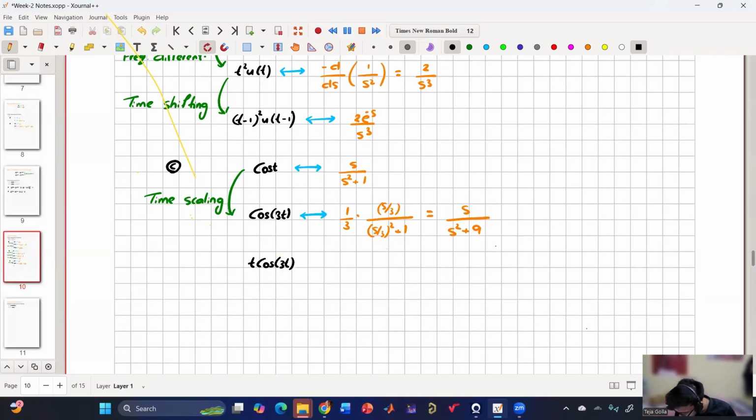So which property are we using here? Frequency differentiation. Yes, very good. So what will be the Laplace transform expression? You tell the expression, then we'll derive. What does the property say?